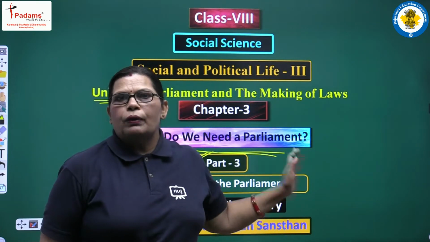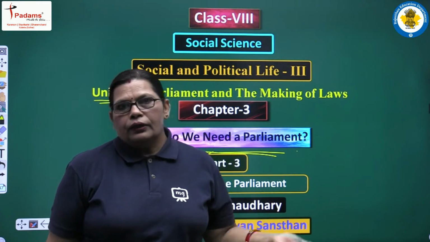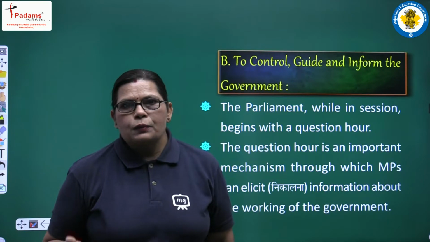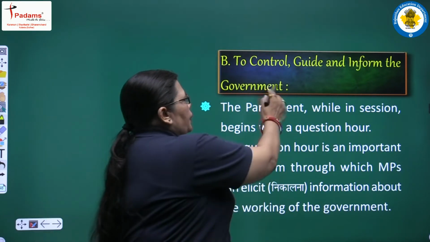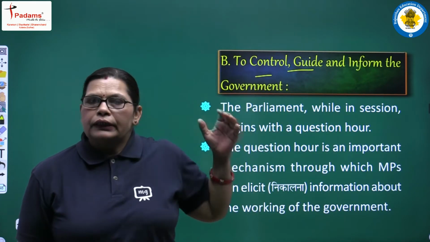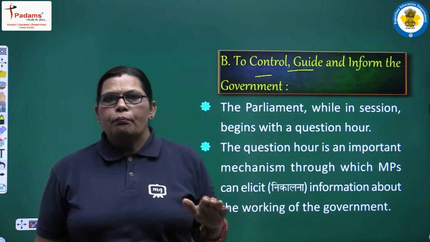In this role of the Parliament we had discussed the first part, to make the national laws, and in the next part, part B, we will discuss how it controls, guides and informs the government. In this part we will discuss the different works of the Parliament.